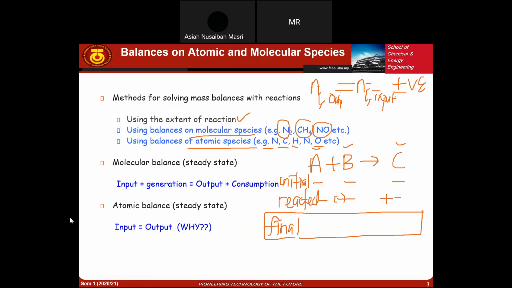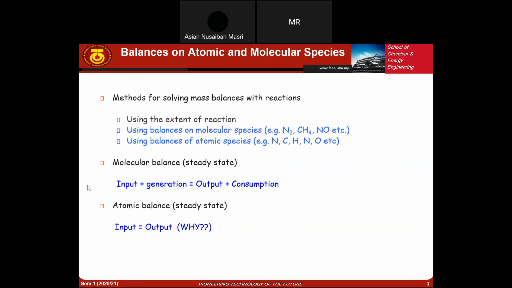So solving mass balance means we have to write the balances. We already know the equation representing the extent of reaction for mass balance. Now, how about the balances on molecular species and balances of atomic species? Here, for molecular balance, which means balances using molecular species, we're going to use the standard general mass balance.